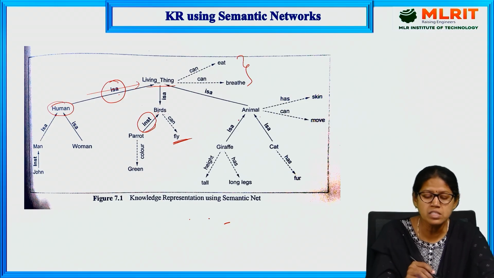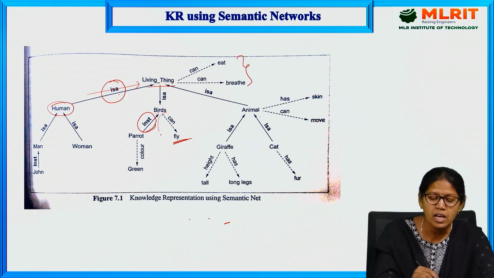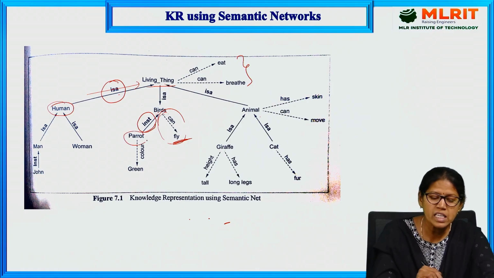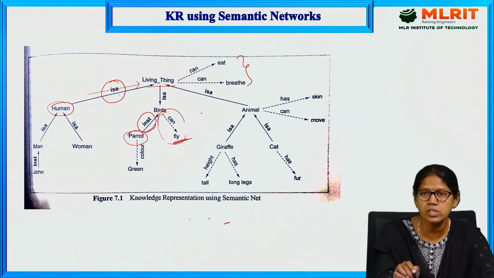So all birds can fly. That is an attribute or property of these birds. And parrot is the instance of a bird. It is not an ISA, it is not a class. It is an instance of the class.